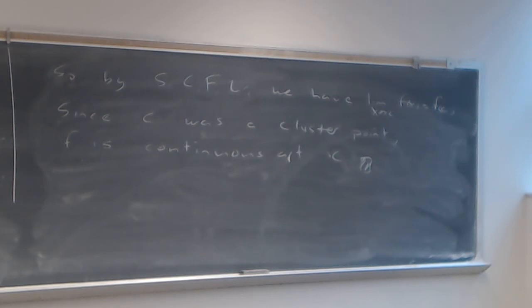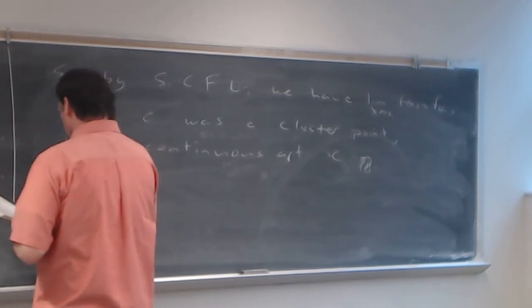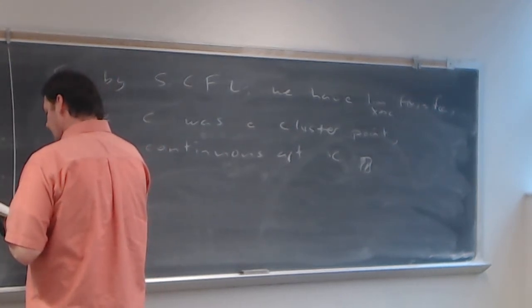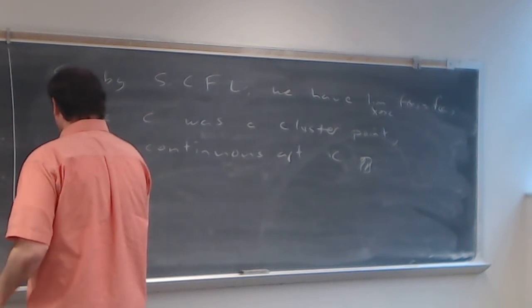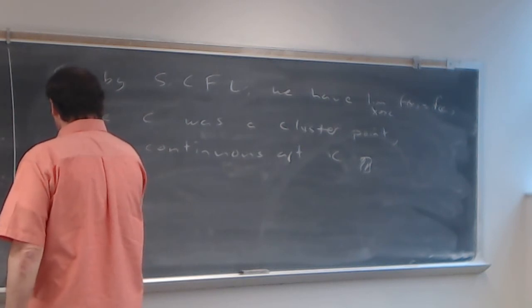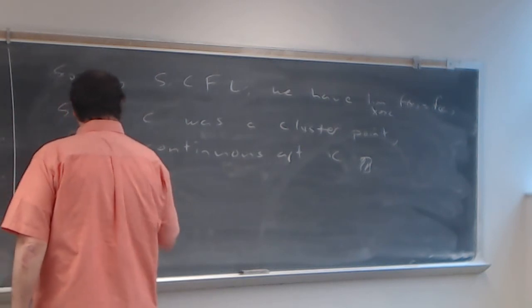Okay. Well, the next thing is I would just like to write up the consequence of this last theorem, and that's the discontinuity theorem. As a definition, let me back up.